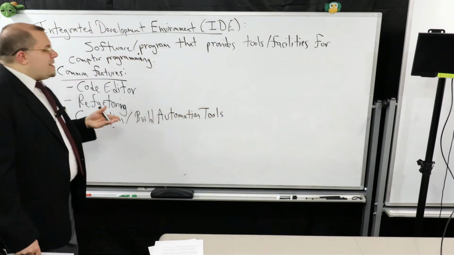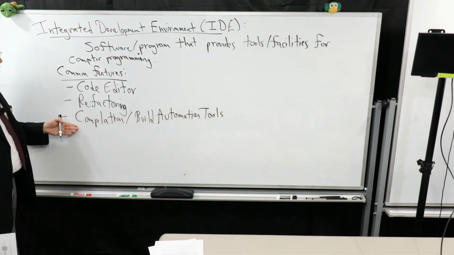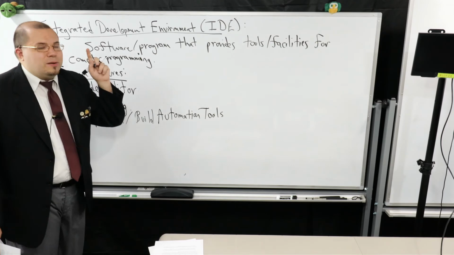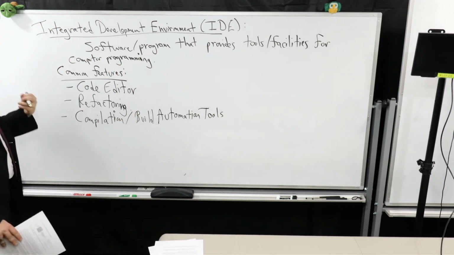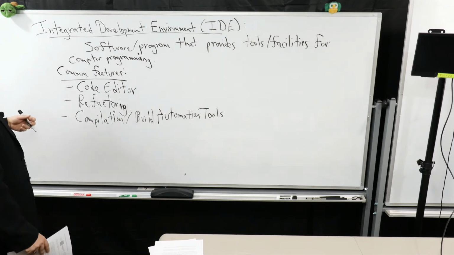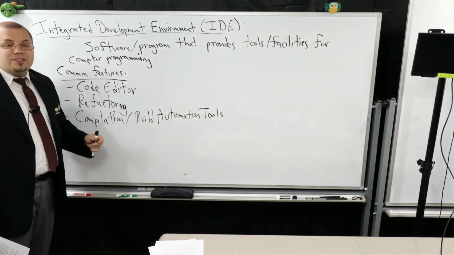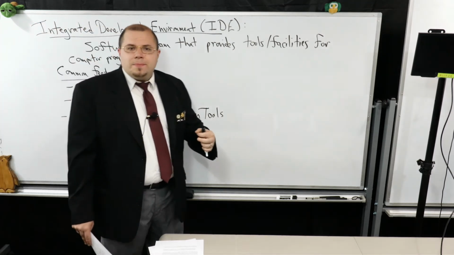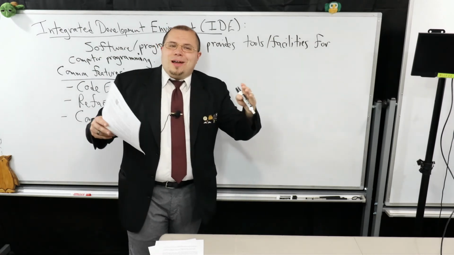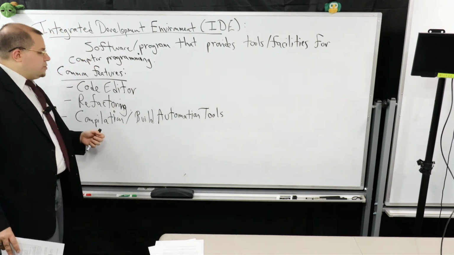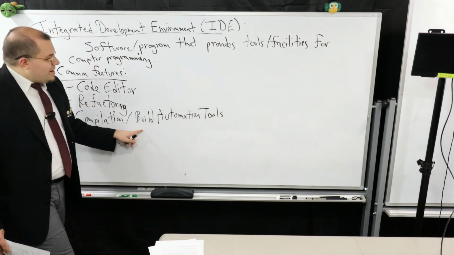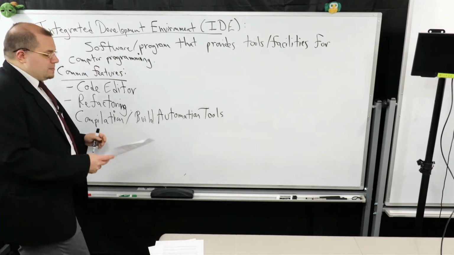So it'd be nice if our IDE was able to compile the code for us by just pressing a little button, like a little green go button, or some keystroke on your keyboard. As software gets more complicated, you often have to worry about packaging files in a very specific way to compile and build your software. So sometimes IDEs will have ways to help you do that.